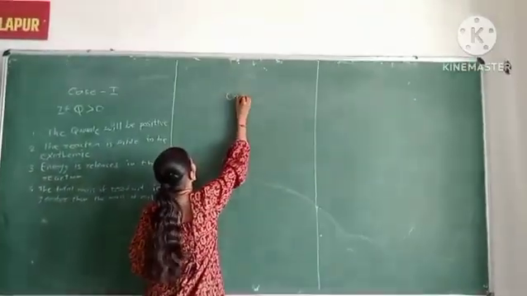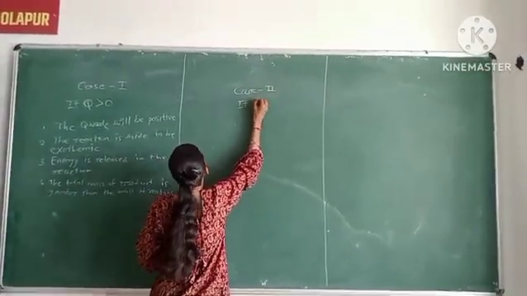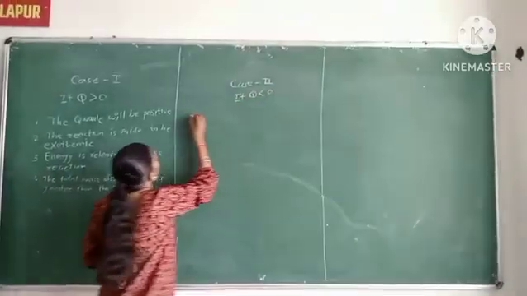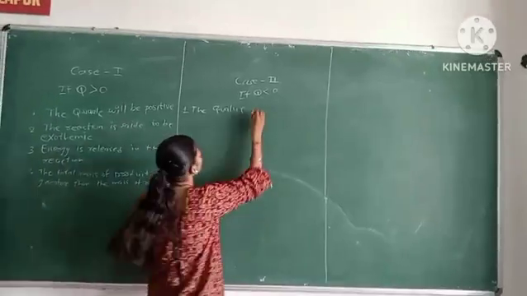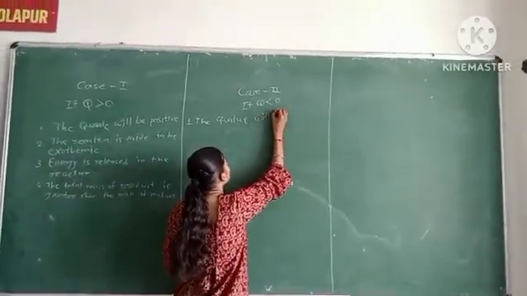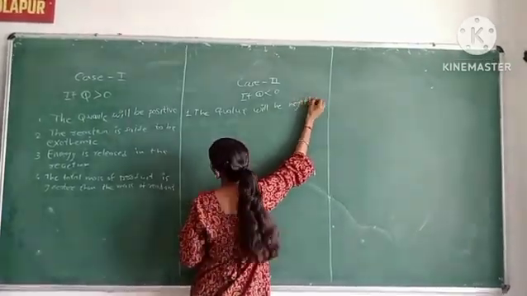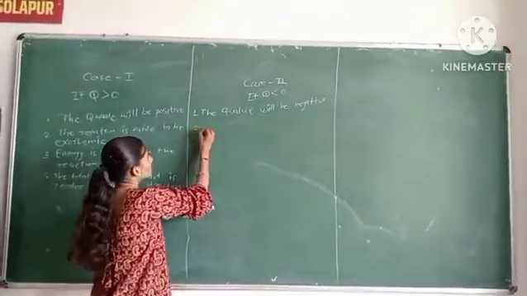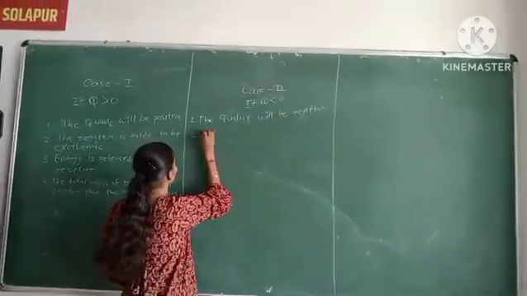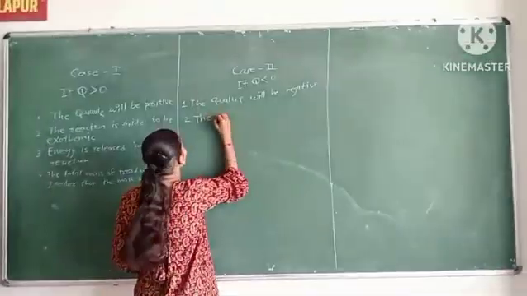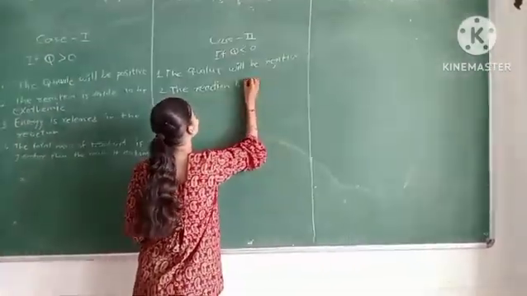Now case 2. If Q is less than 0, then the Q value will be negative. The Q value is said to be negative, and the reaction is said to be endothermic.